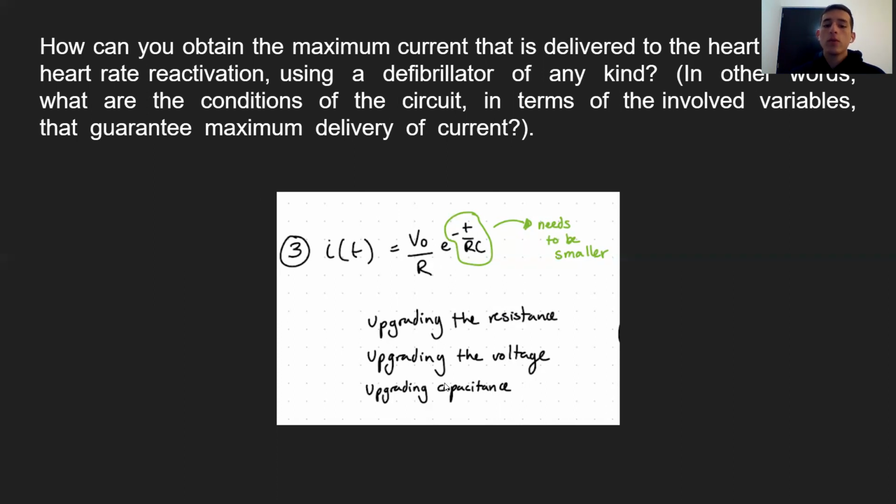And the most effective one, we can upgrade the capacitance, because when we upgrade the capacitance, that exponent becomes smaller, and the proportion of the voltage over the resistance, which is the current that is actually flowing, is more than if we just upgrade the resistance or upgrade the voltage.